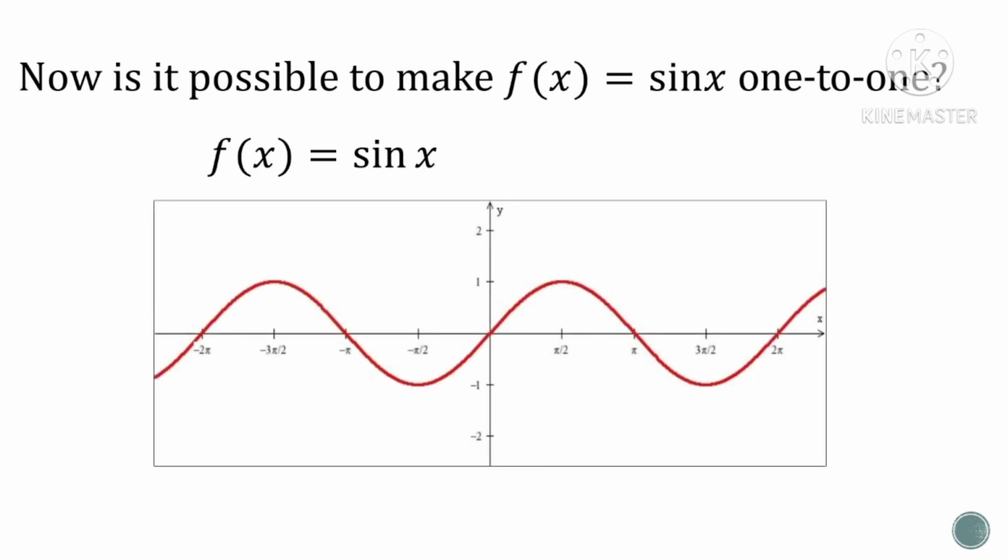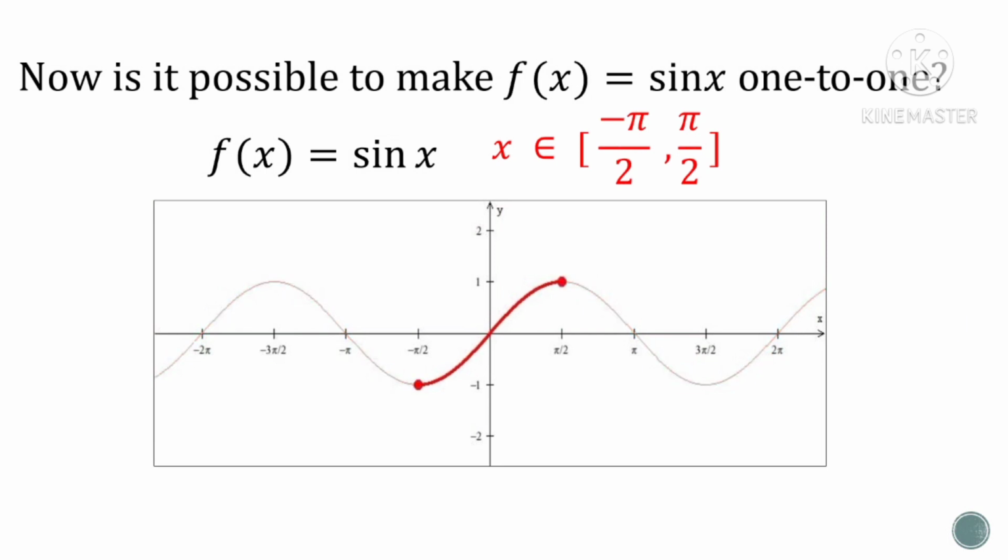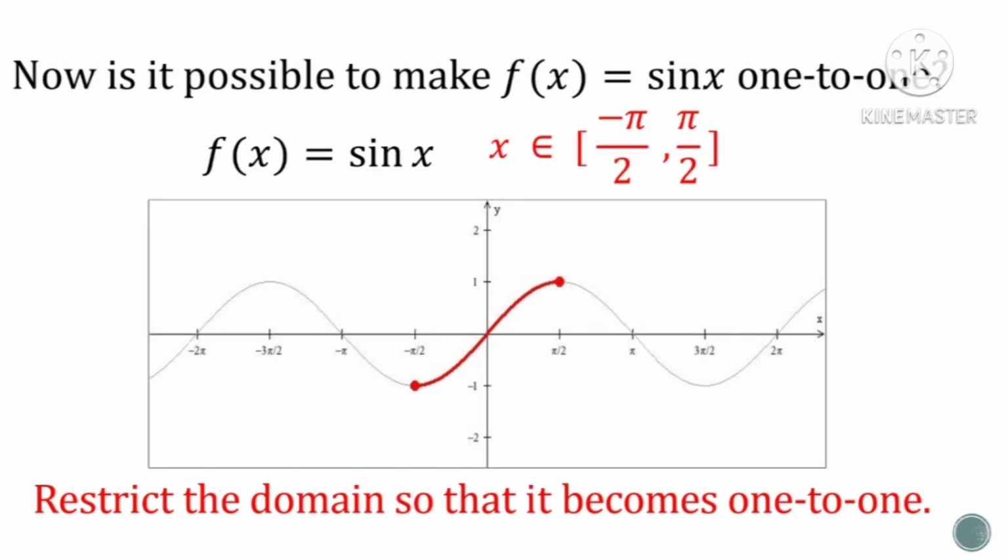On the entire domain, this function is many to 1 and we want to make it 1 to 1. So, if we restrict the domain to minus pi by 2 to pi by 2, then for every y there will be exactly one x. So we have found one branch of this graph which is 1 to 1 and onto.